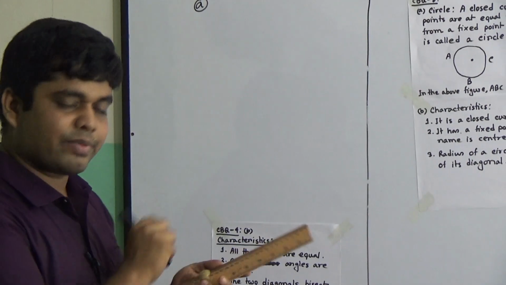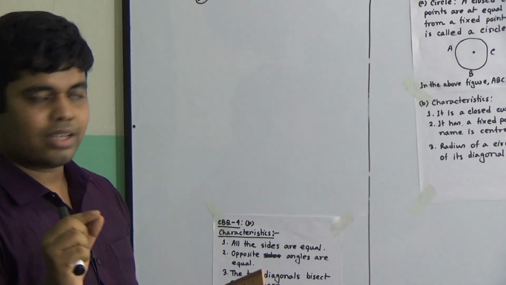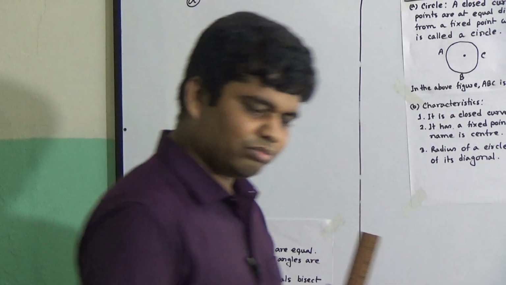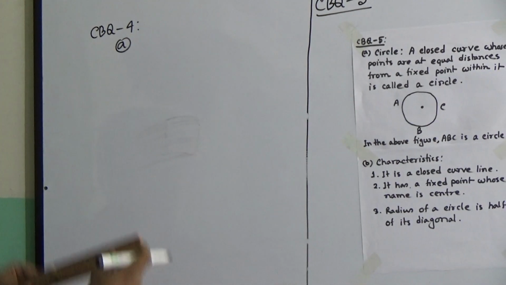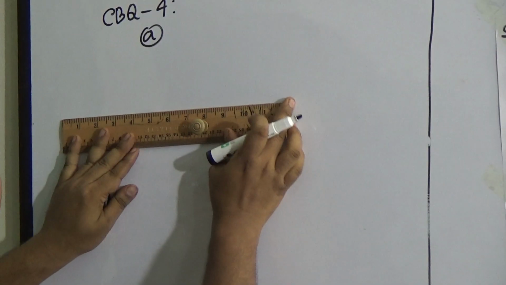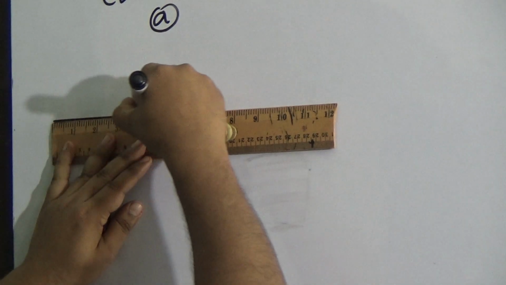But if I take 5 centimeter here, then that figure seems so teeny, so it is hard to understand. So at first we draw a line of 5 centimeter, but here I take 5 inch. This is 5 inch.